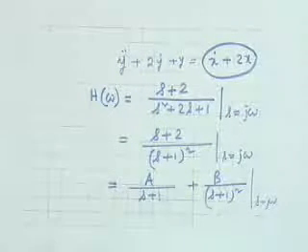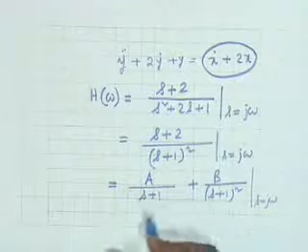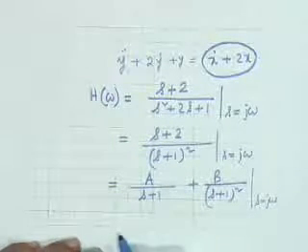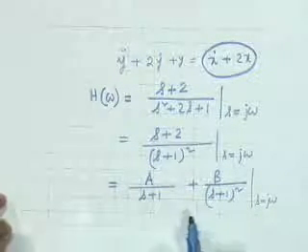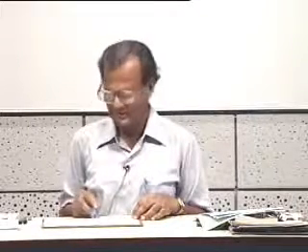How do you find A and B? Both are 1 here. But how do you find it in general? What you do is you write the numerator of this and equate to s plus 2. Then you find A and B by equating coefficients of like powers of s.